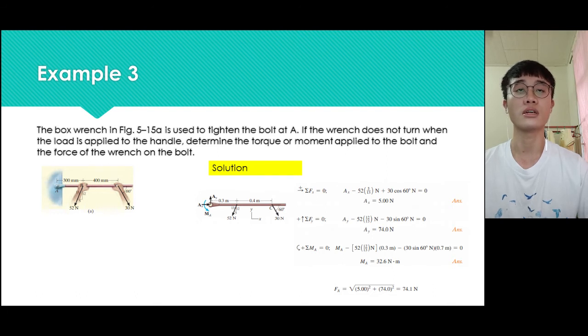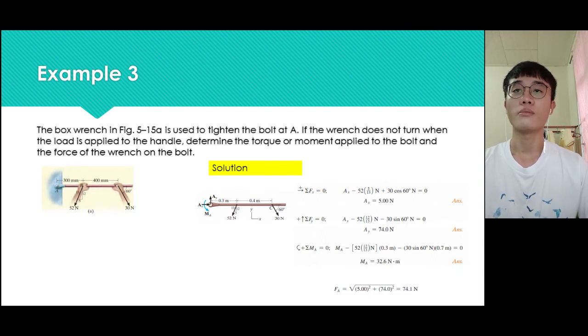And the last one is the most important one. For equilibrium in a rigid body, the net moment will also equal 0, because according to Newton's third law, there is an opposite moment that supports this wrench and prevents it from turning. The moment applied by the hand is clockwise, therefore the value is negative, while the opposite moment applied by the bolt is anti-clockwise, and therefore the value is positive.